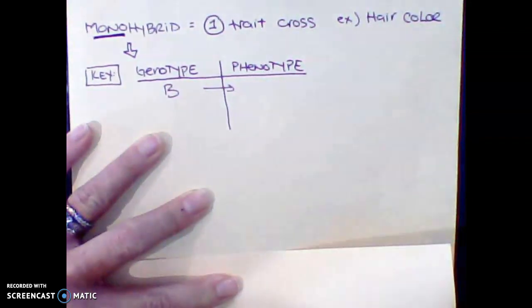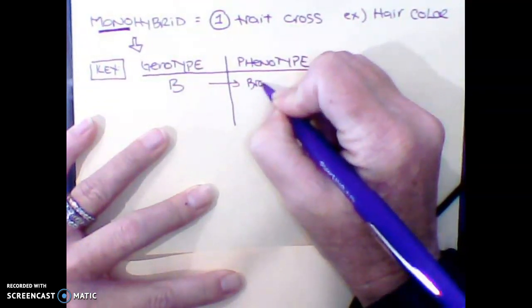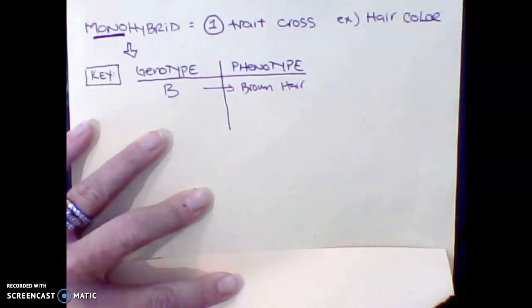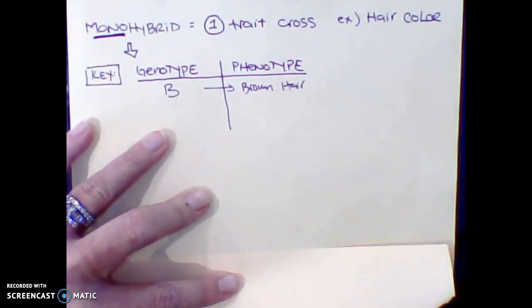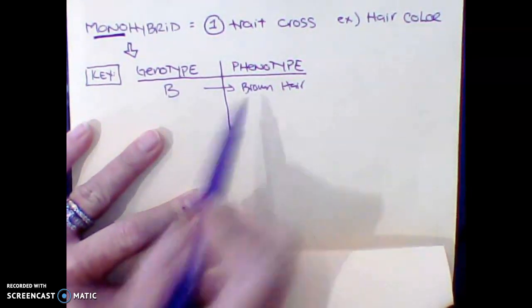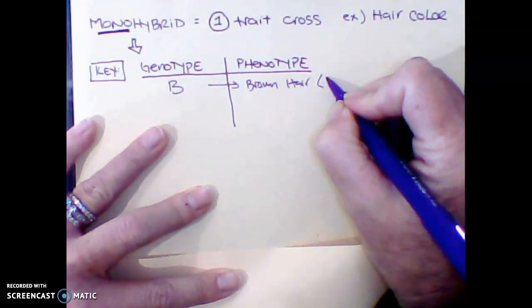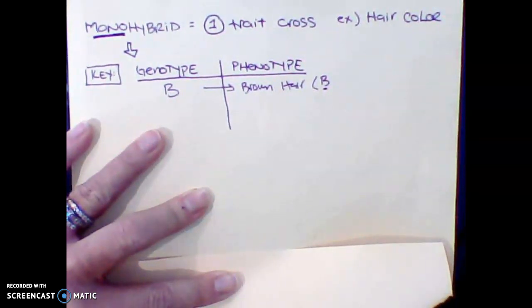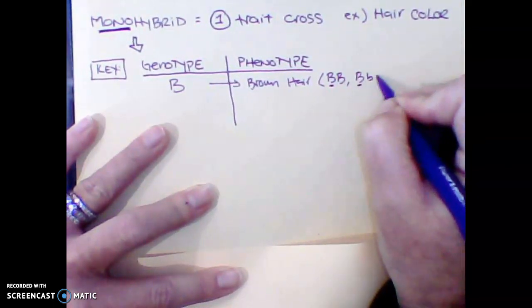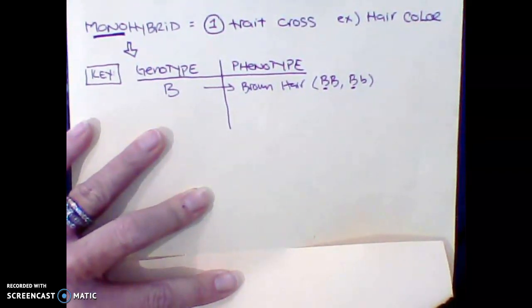I'm going to say represents brown hair. And again, notice that I'm switching letters. I can use A, I can use B, I can use C. Doesn't matter, okay? But in this particular problem, big B is going to represent brown hair, which again, all I need is one letter. So I can be big B, big B to have brown hair, or I can be big B, little b, and I will still have brown hair.